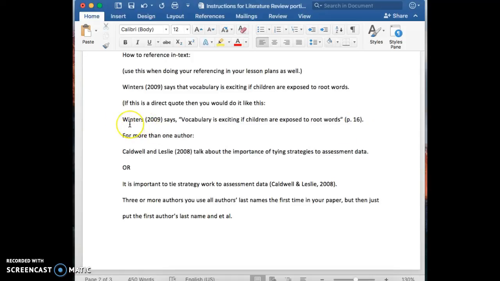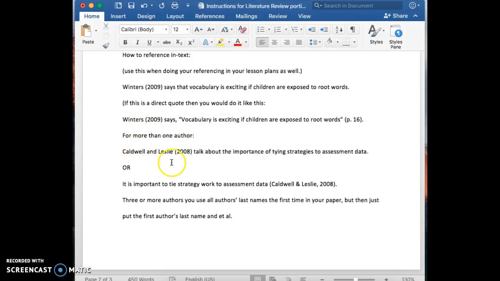Okay, you don't say, in his article, whatever the title of the article is, Winters says. You just say Winters, because if somebody's reading this and they get to the end, they see your reference list. And they see the name of the article, they see where the article was published. You don't put any of that in the body of what you're writing.